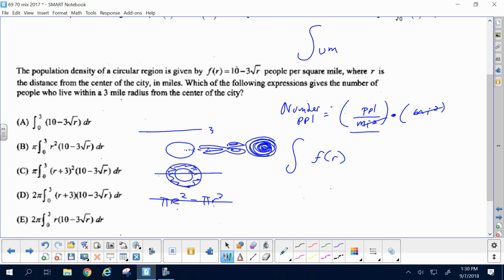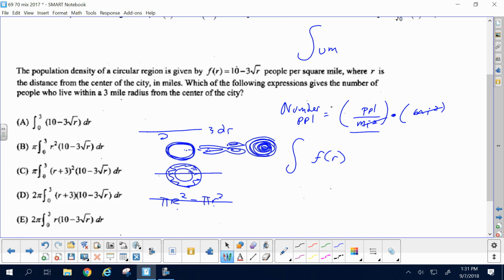That height. Comes from the thickness of this. How thick is that? dr. It is an infinitesimally small change in radius. It's dr. What's this base of the rectangle?